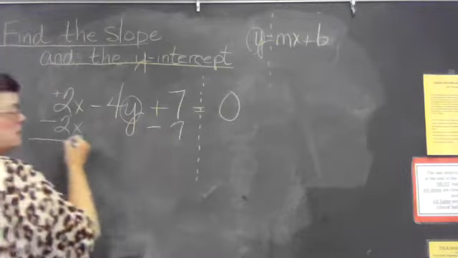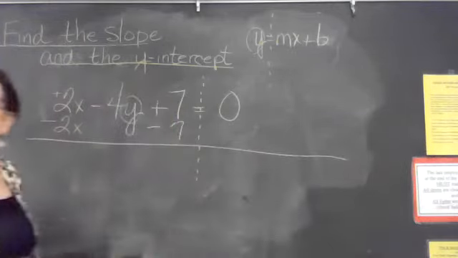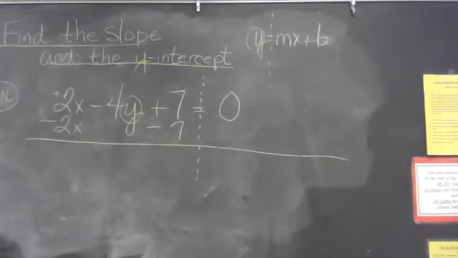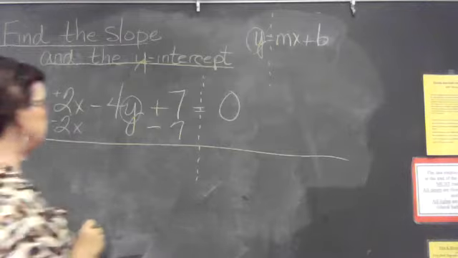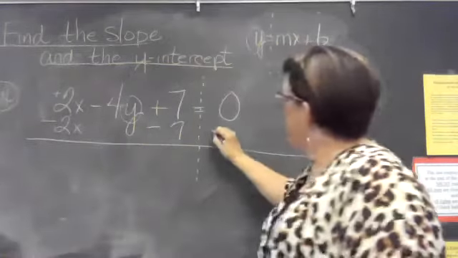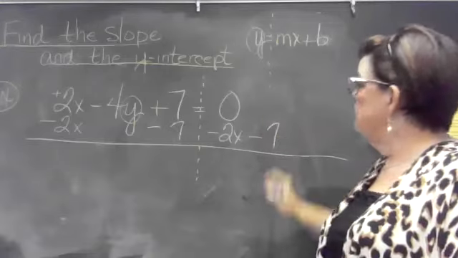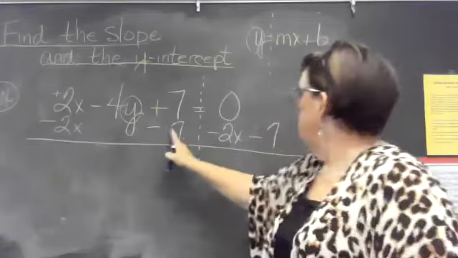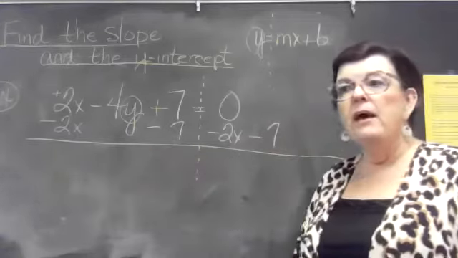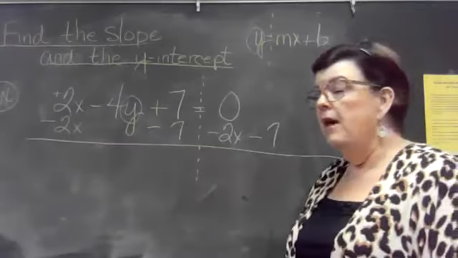Do you guys see? But I have to follow the rules in solving equations, and whatever I did on this side, I have to do on the other side. Okay, so on the other side, I'm going to have a minus 2x and a minus 7 over here. Do you see that I balanced the equation back out? Is everybody okay with that? Mm-hmm.